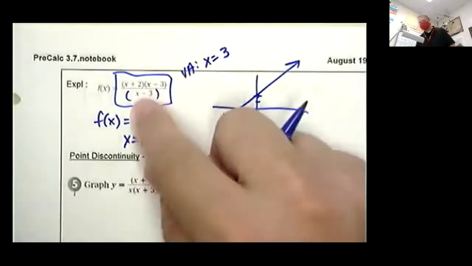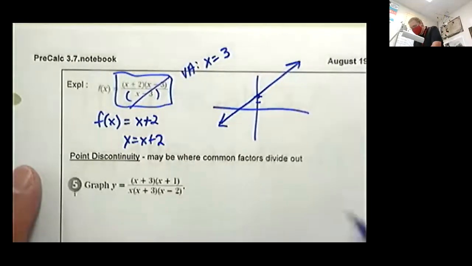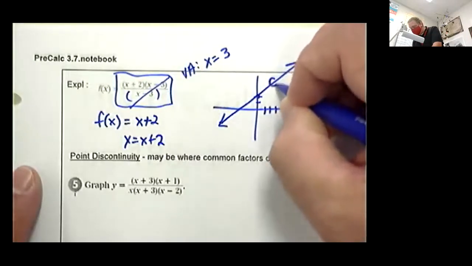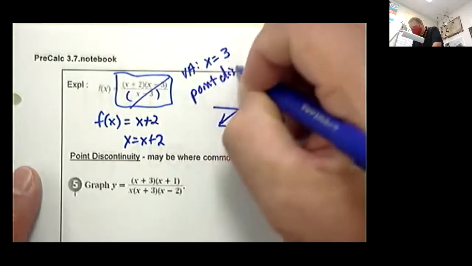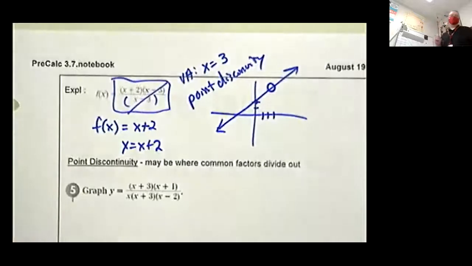Because these two things canceled, the x minus 3's, we get a slant asymptote, but at x equals 3, this is when we get a point discontinuity. So whenever we have linear terms that cancel, we end up with a point discontinuity.